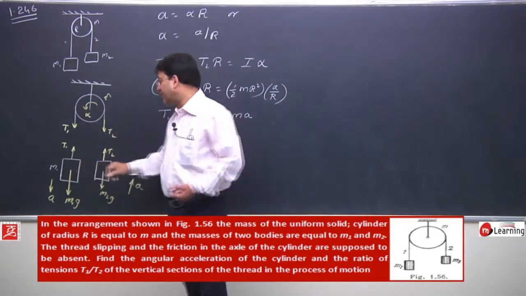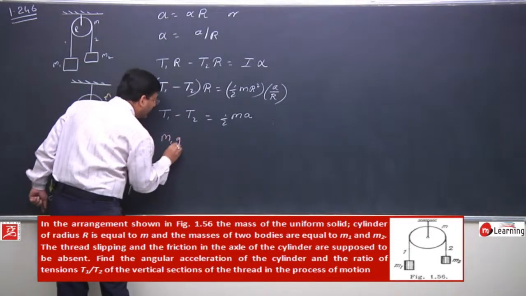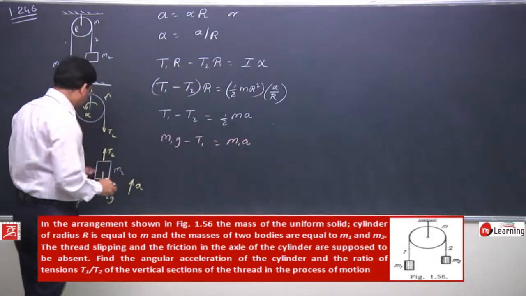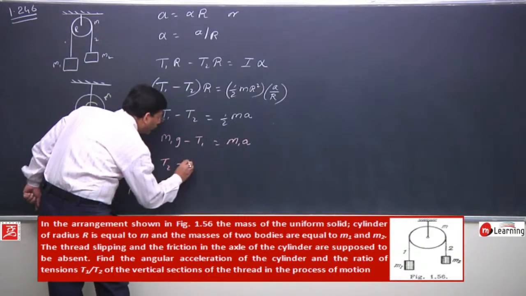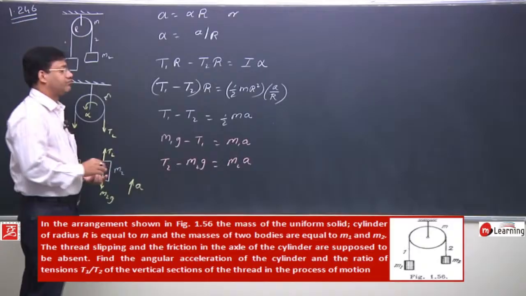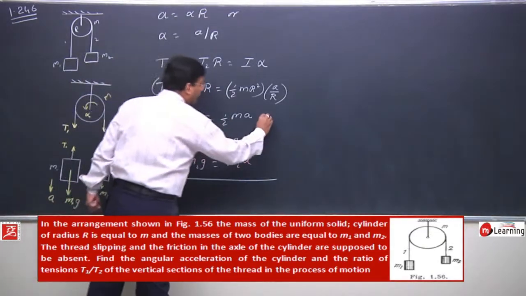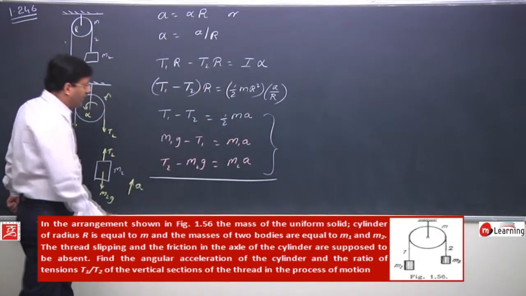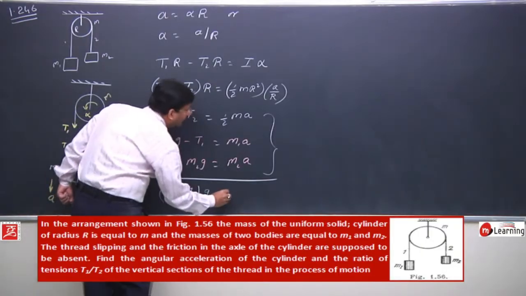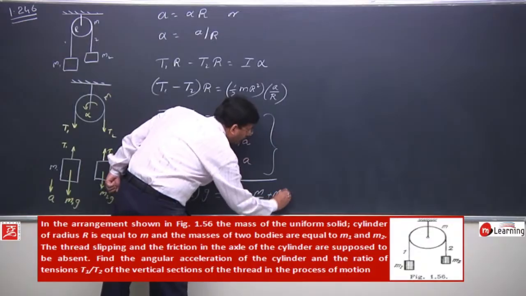Now I will write equation for these. m1g minus T1 is equal to m1a, and for this, T2 minus m2g is equal to m2a. I will add these three equations, and I will get (m1 minus m2)g is equal to (m1 plus m by 2 plus m2) into a.